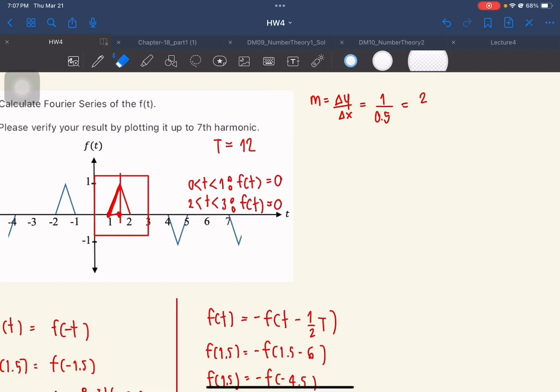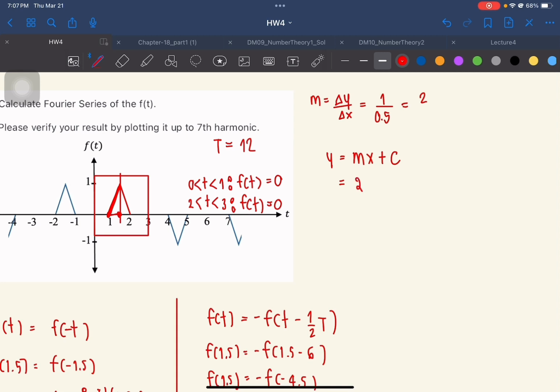When we have the value of the slope, next we will find the value of c by using the equation y equal to mx plus c. Okay, we know the slope, right?